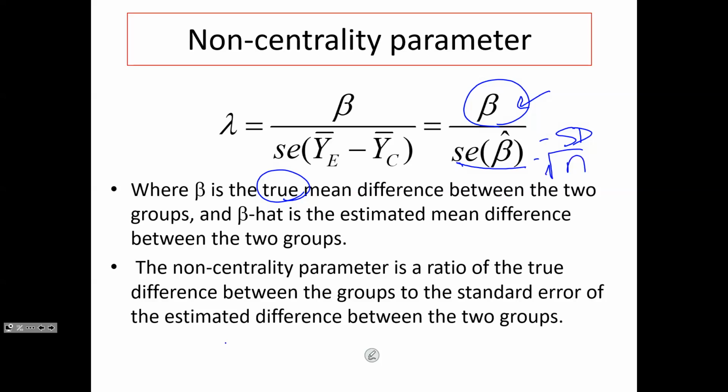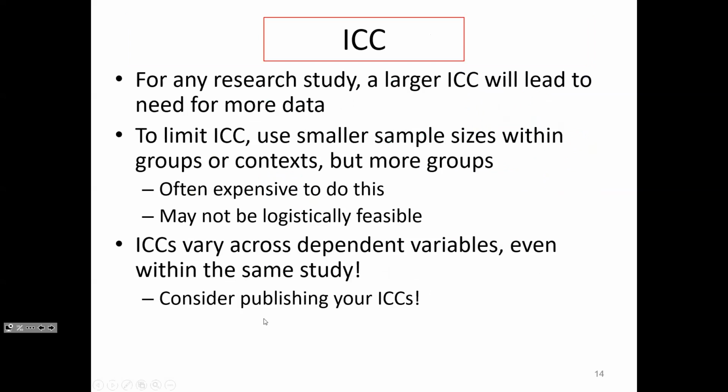It's a function of these two things. So the non-centrality parameter is just the ratio of the true difference between the two groups to the standard error of the estimated difference between the two groups. That's it. Okay. All right. That concludes our review of power in a single level study.